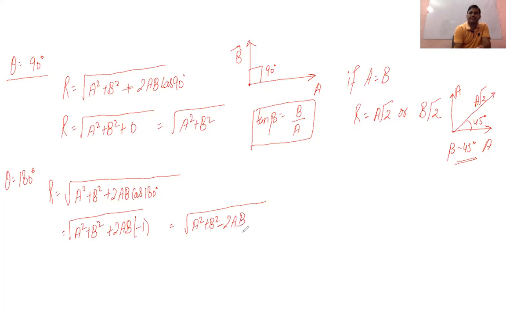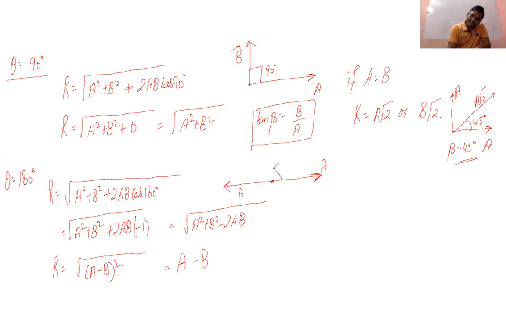So this becomes the formula of (A minus B) whole square. So the resultant will be under root (A minus B) whole square. Hence it becomes A minus B. Now you can see this is the case when one person is applying force in this direction and another person is applying force in this direction.